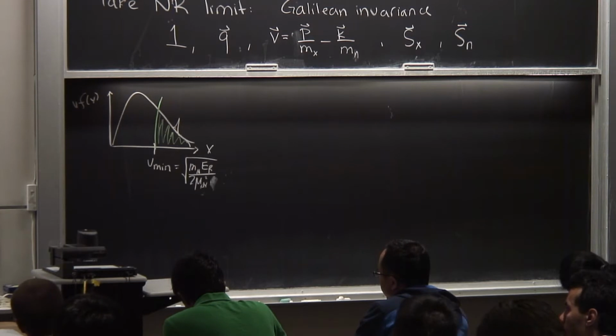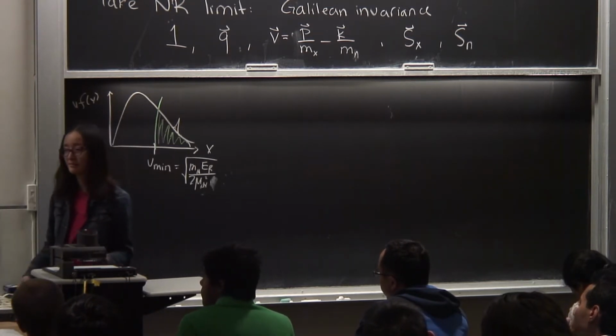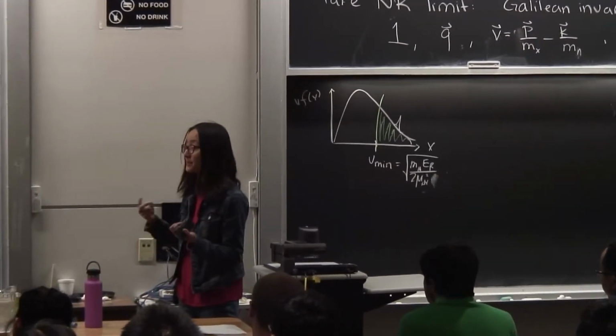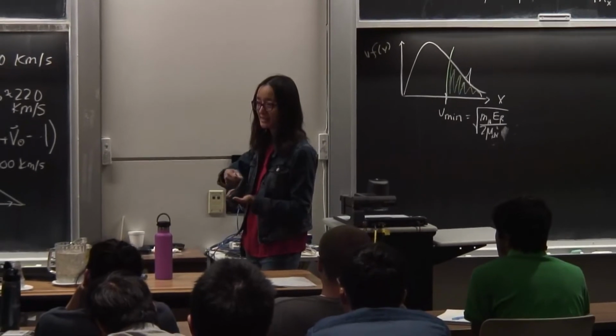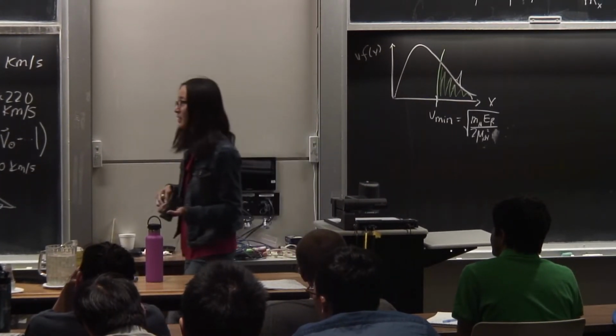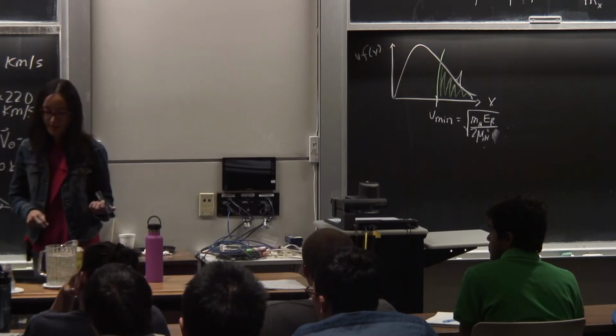I think the evidence is that there's no evidence for a part of the halo that's rotating. You can look for things like a dark disk that's rotating. There could be, however, maybe streams, which would also change your distribution. But so far, there's no evidence of a part of the halo that's rotating with us.